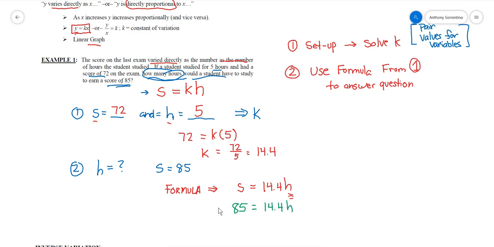So I'm going to divide both sides by 14.4, and I get H to equal about 5.90 hours.